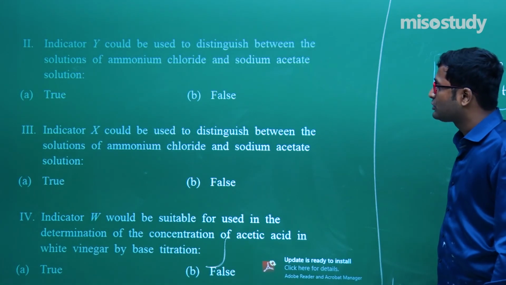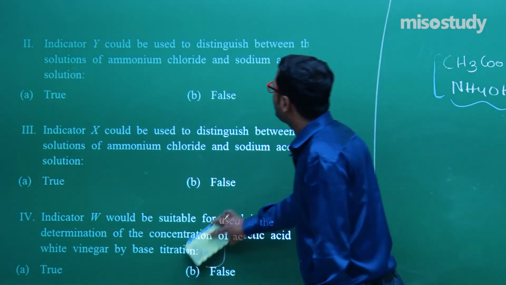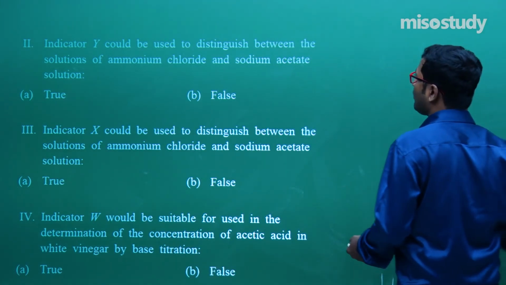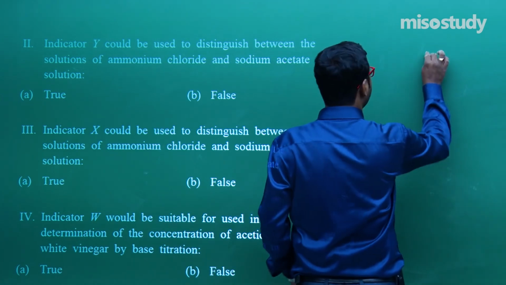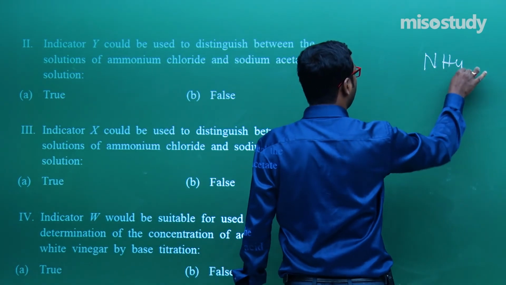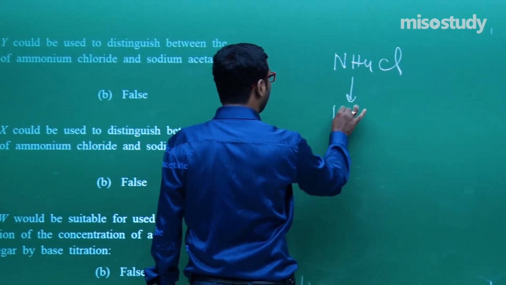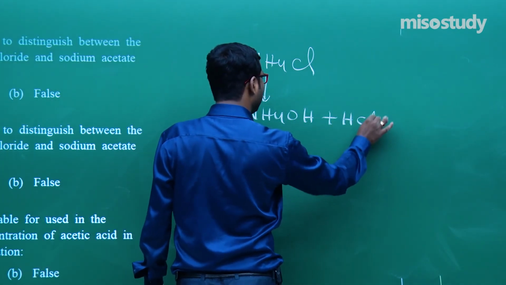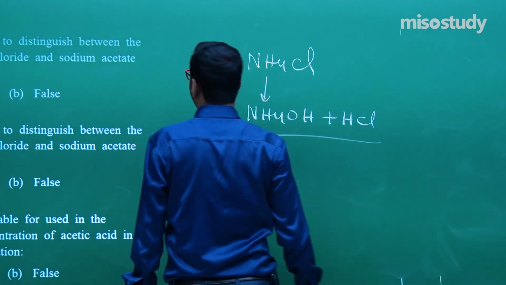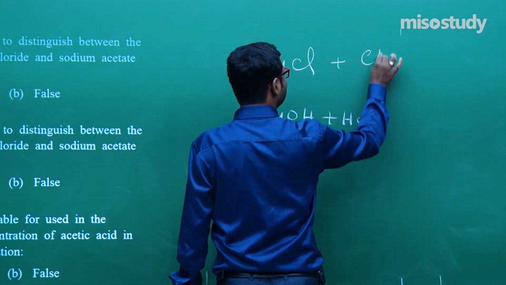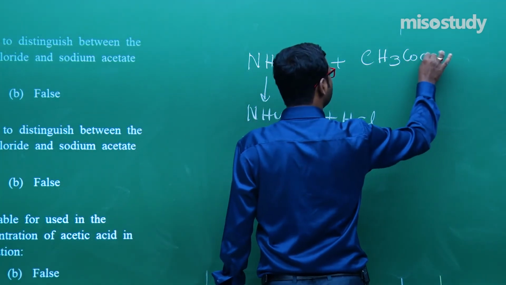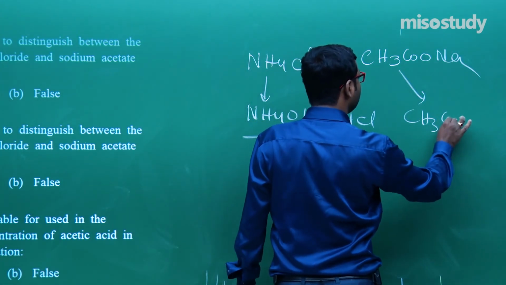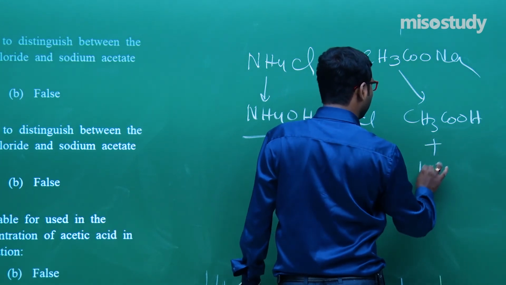Now let's move to question number 2. Indicator Y could be used to distinguish between the solutions of ammonium chloride, NH4Cl, which we get from NH4OH plus HCl, and sodium acetate, CH3COONa, which we get from CH3COOH plus NaOH.